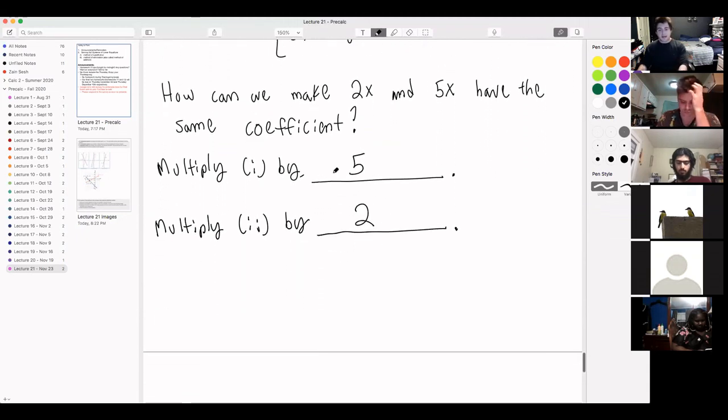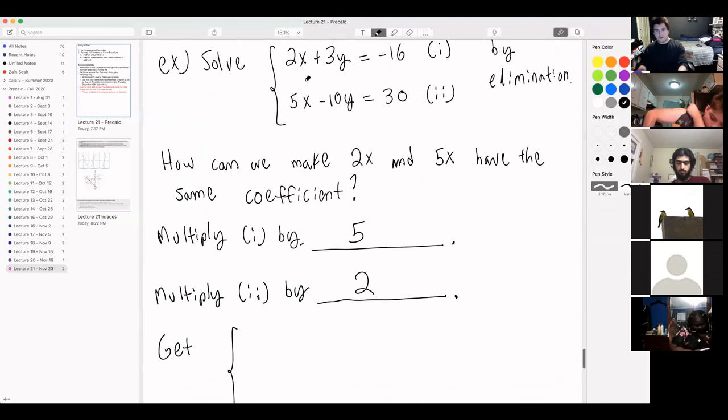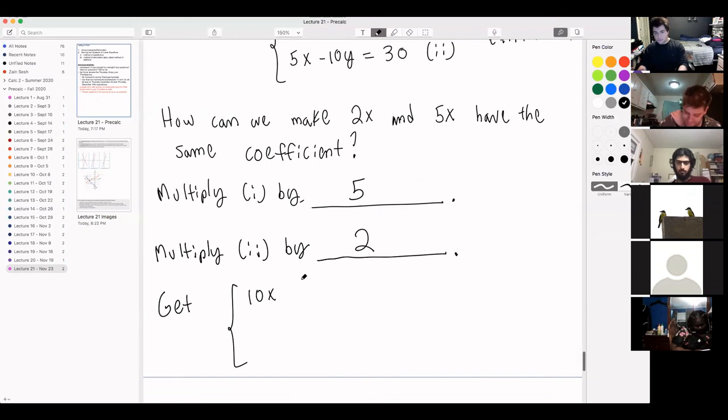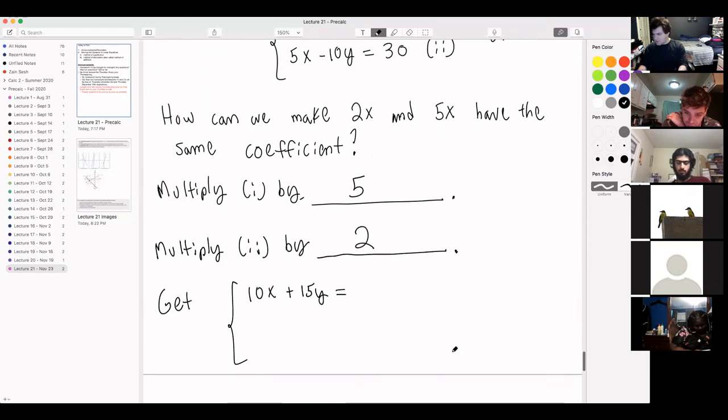So if I carry out these operations, multiply 1 by 5, 2 by 2, what do we get here? Well, we get this system. Multiply the top guy by 5, so you get 10x plus 15y is equal to, well, negative 16 times 5, I have that worked out already.